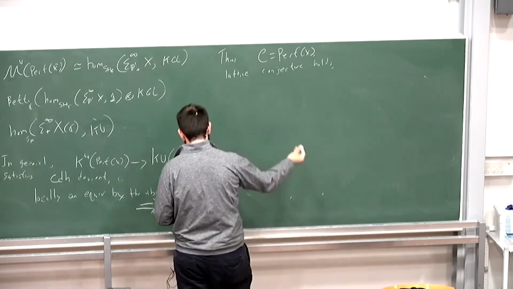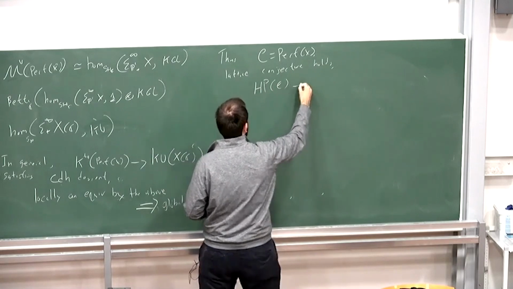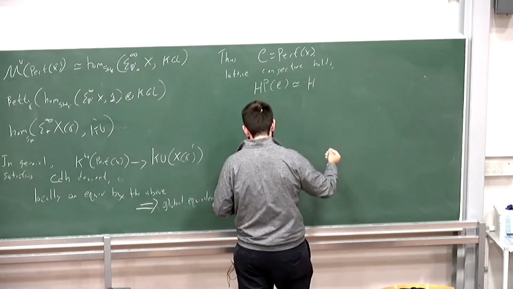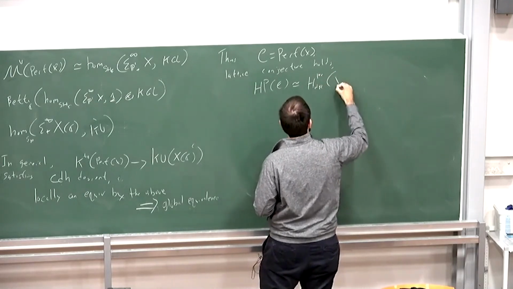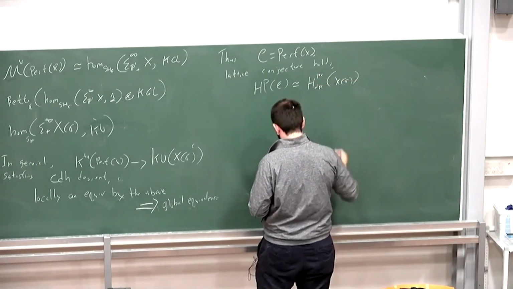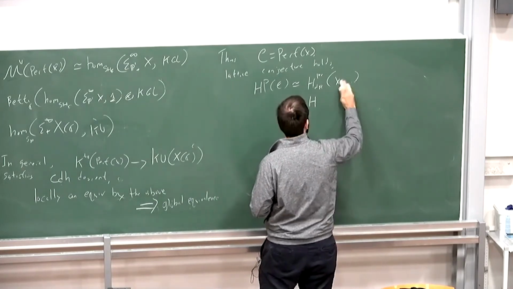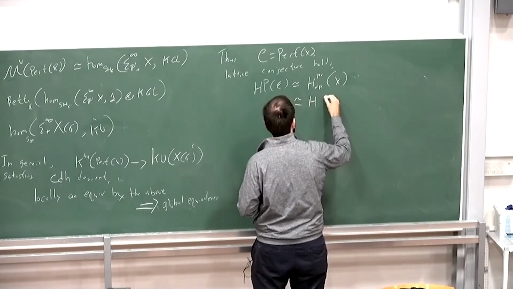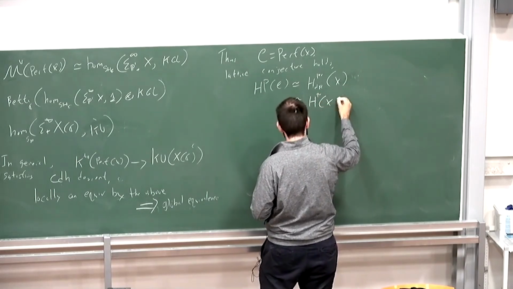Since, right, the periodic cyclic homology, well, this is just the two-periodicized de Rham cohomology, which is also two-periodicized singular cohomology.